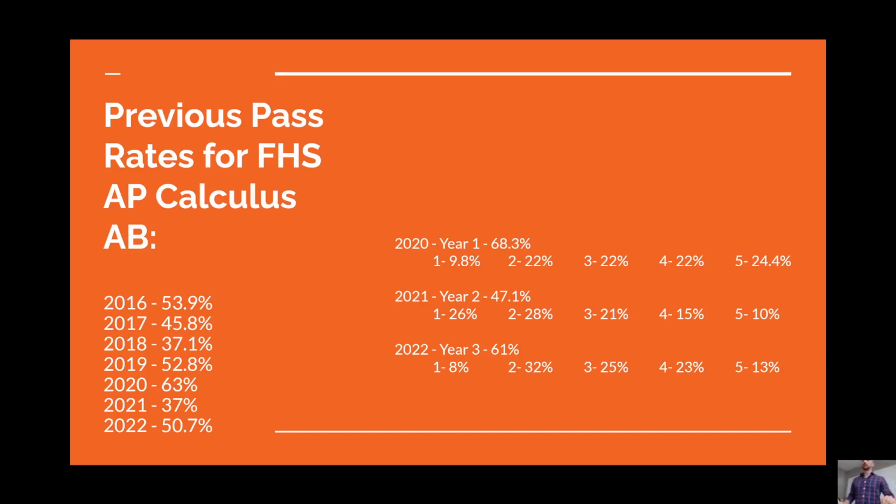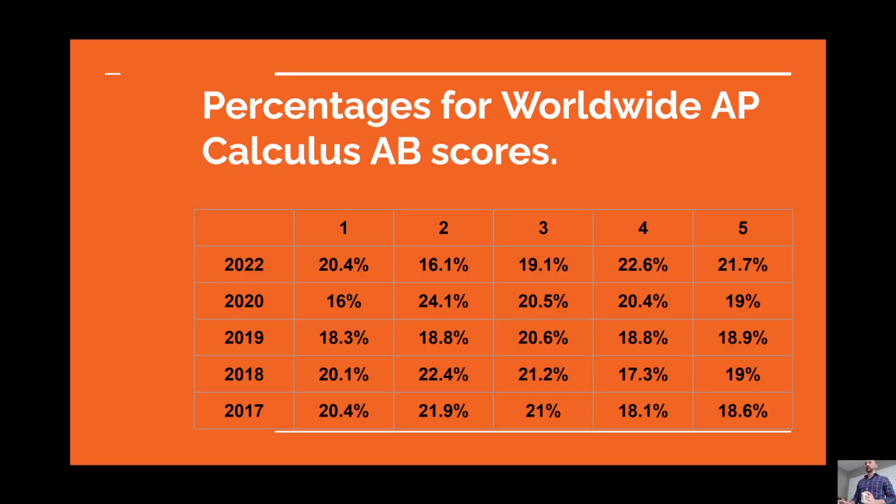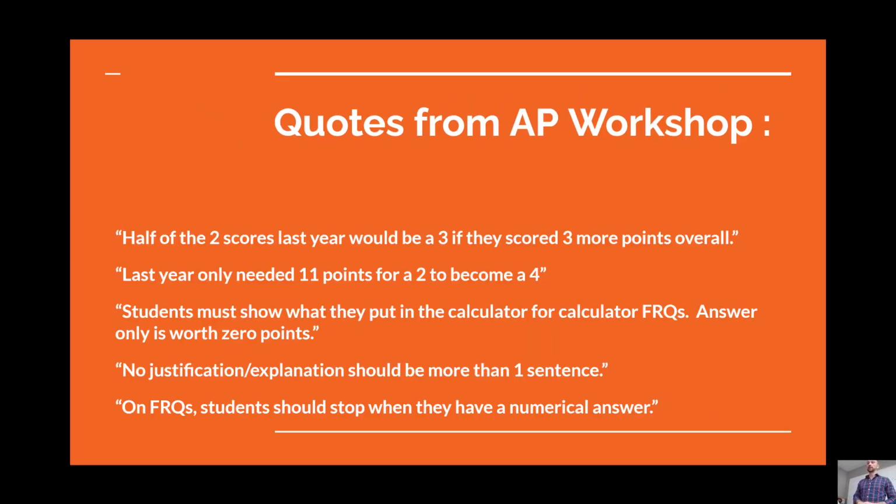But if you do not study and or you do not come into the AP test ready to give your full and best effort, it is not automatic. If it's automatic, the scores would be way higher than that. Pass rate worldwide is very consistent. Each time I've shown you this, I've pointed out, if it feels like an easy test versus if it feels like a hard test, they scale the score. So either way, you should be doing your best.